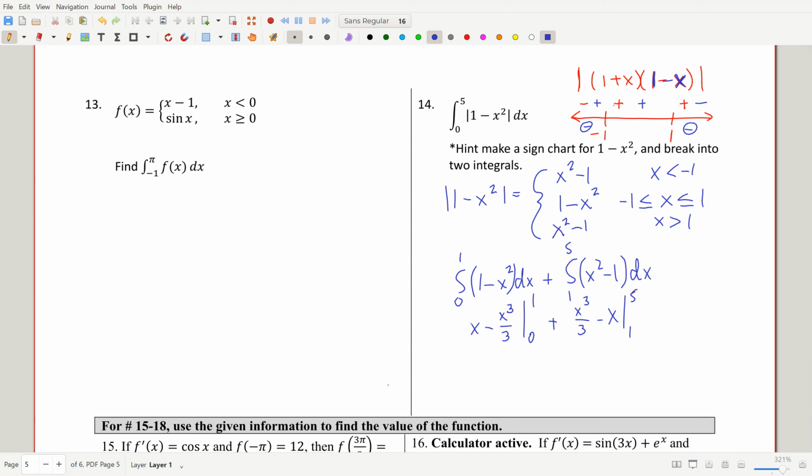It's always great when 0 is one of your limits and you're working with polynomials because that turns everything into 0. So this first one becomes 1 minus 1/3, technically minus 0, plus 5 cubed, yep, 125 thirds minus 5.